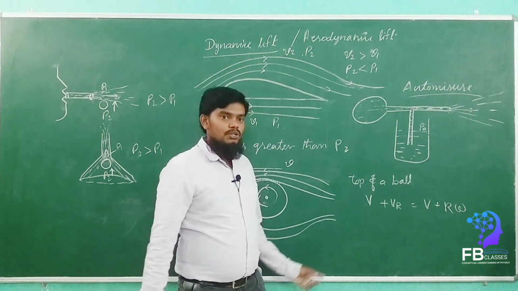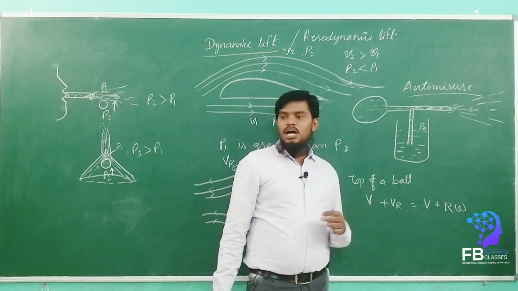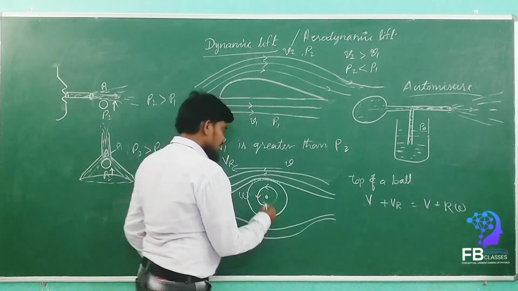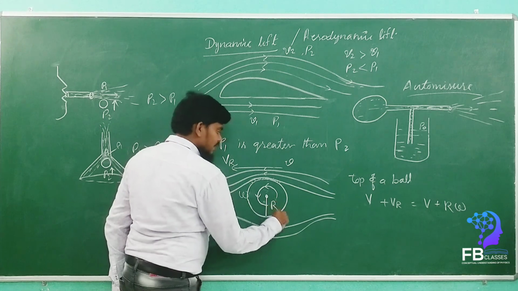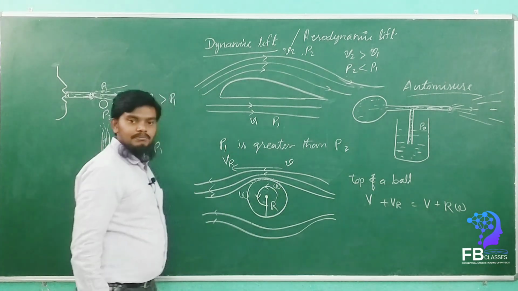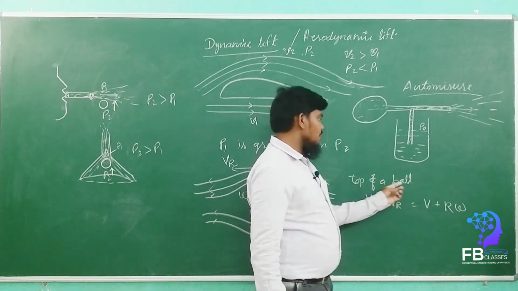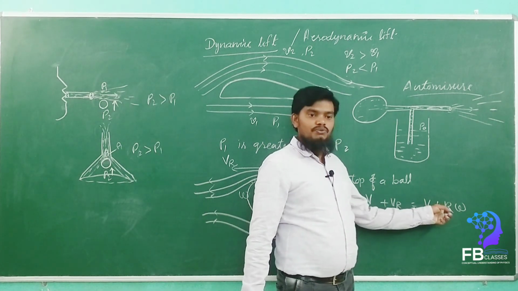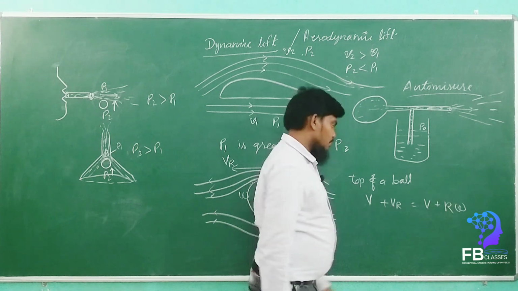Are you getting my point? So the rotational velocity is equal to r omega, if the radius of the ball is r and the angular velocity is omega. So at the top of the ball, v plus vr is equal to v plus r omega.